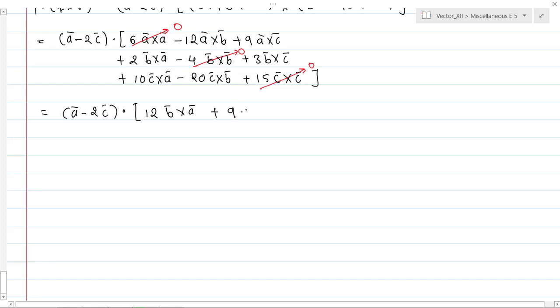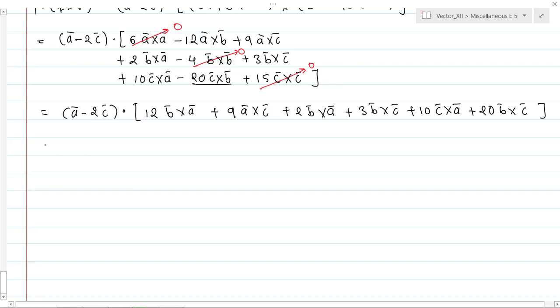Plus 9 A bar cross C bar as it is, then plus 2 B bar cross A bar as it is, next plus 3 B bar cross C bar as it is, plus 10 C bar cross A bar as it is, then again interchanging this, plus 20 B bar cross C bar. That's it.